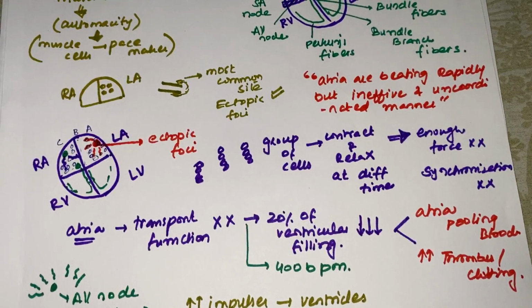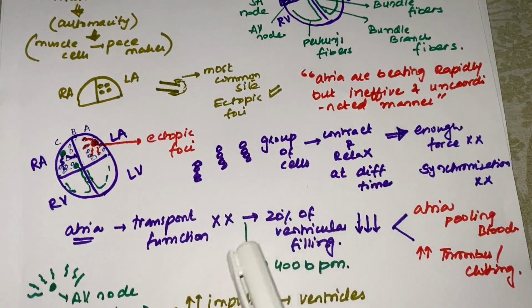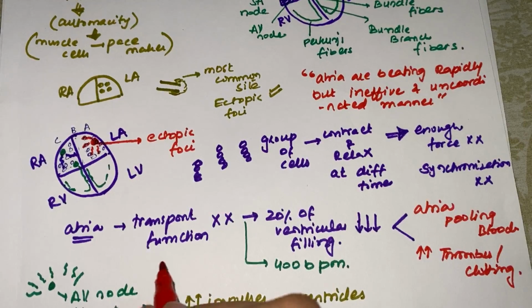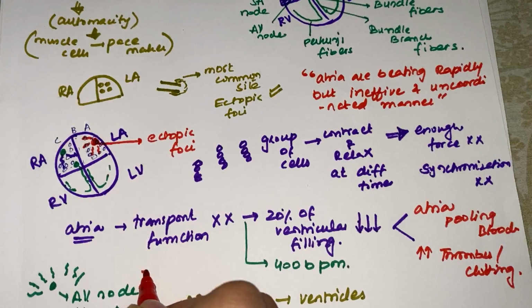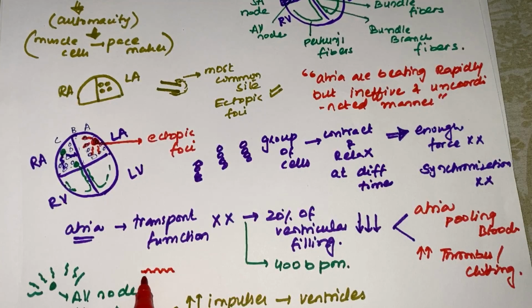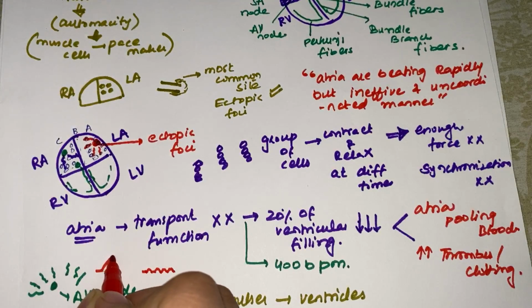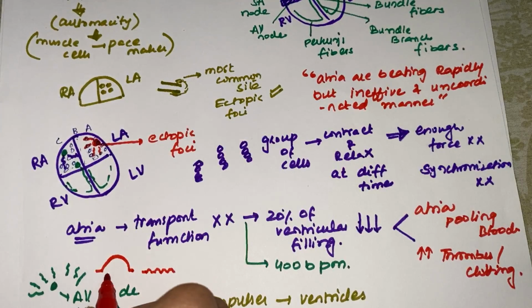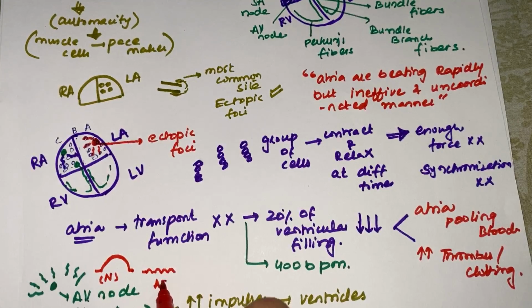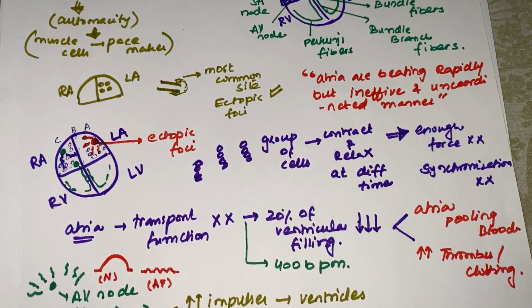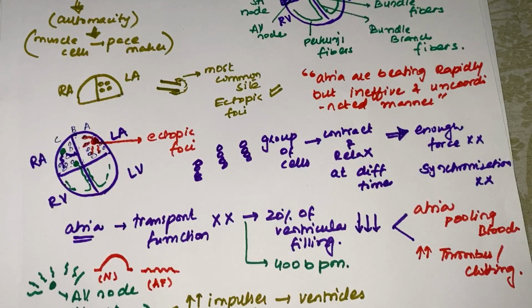And one point which I missed is that since the atria are contracting and relaxing more than normal, on the ECG we see multiple small baseline oscillations. Normally one big P wave is formed, but in atrial fibrillation multiple small baseline oscillations are present on the ECG. It is a diagnostic point of atrial fibrillation.